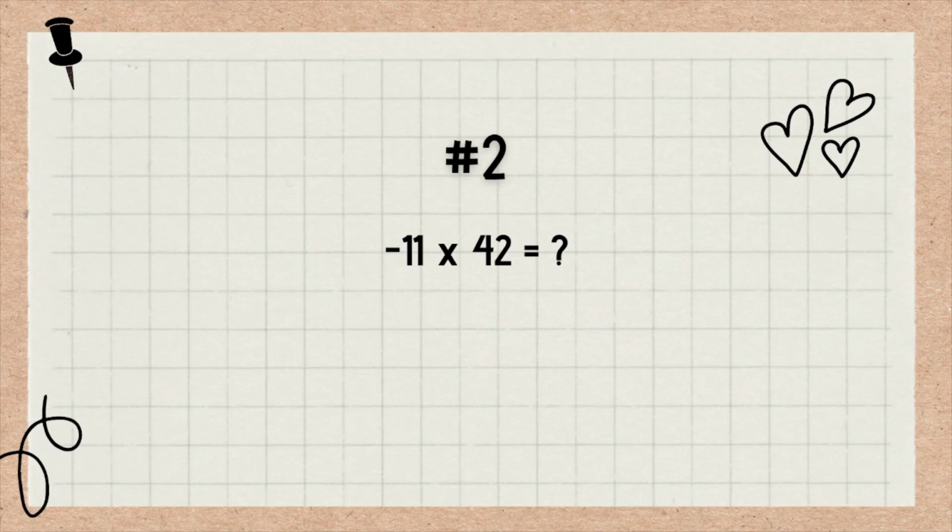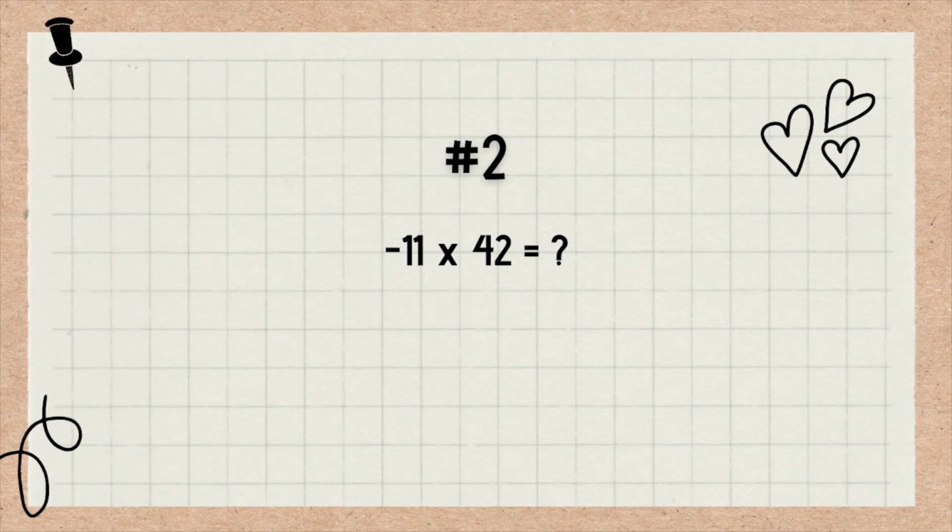I know a pretty easy trick for multiplying any number by 11. So the trick is that the first and last digit of the number you are multiplying by 11 would be the first and last digit of the product as well. So 42 has 4 and 2. So 4 would be the first digit of the product and 2 would be the last digit of the product.